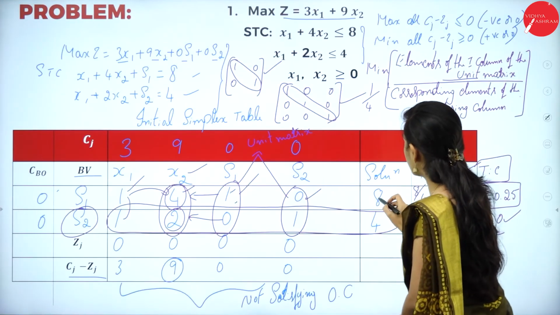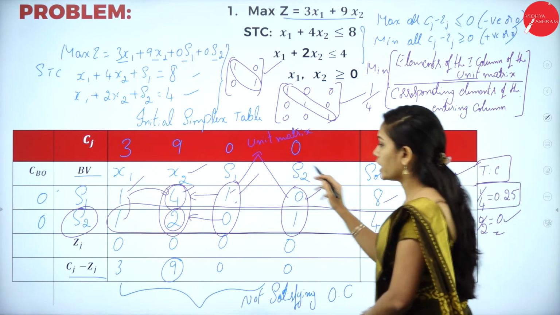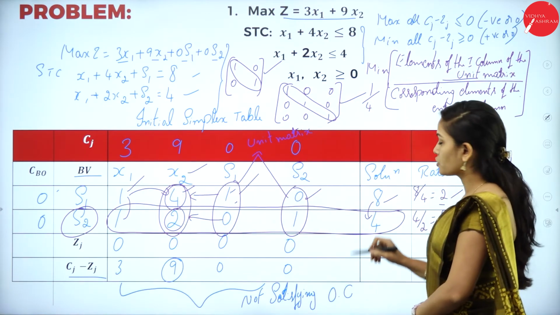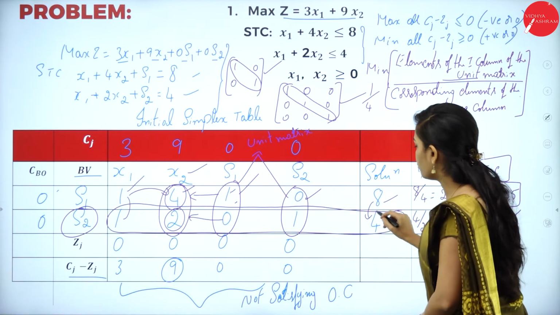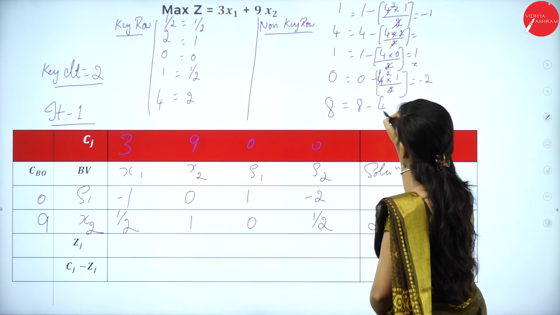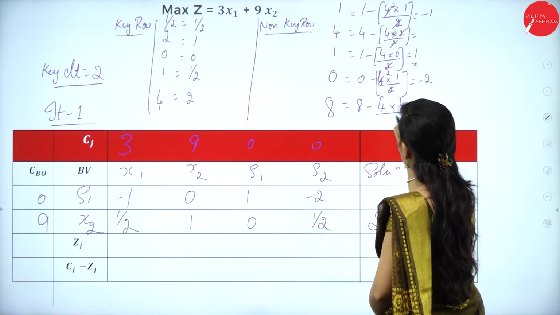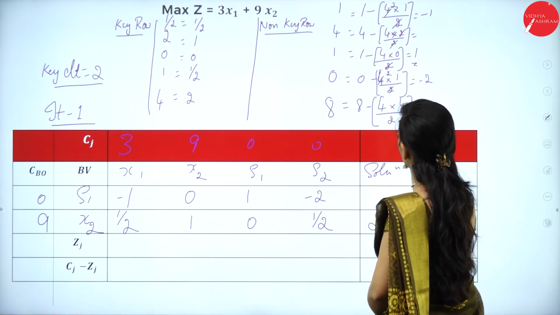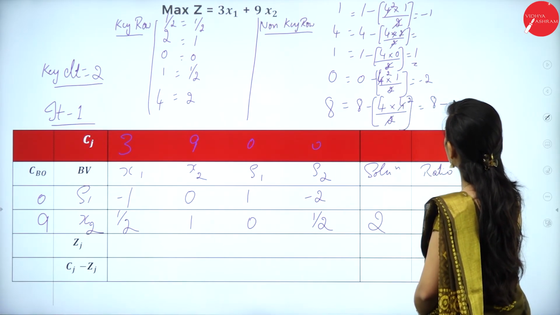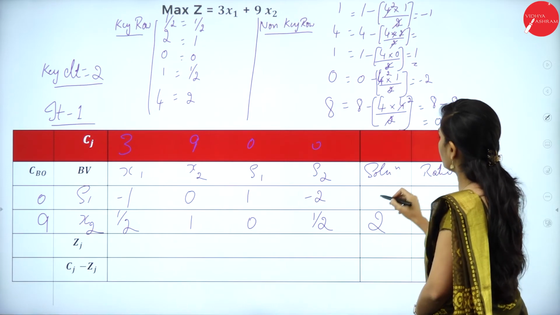And the old value is 8. The corresponding key column value is 4 and the key row value is 4. So 8 minus 4 into 4 by 2. 2 twos are 4, so 8 minus 8 is 0.